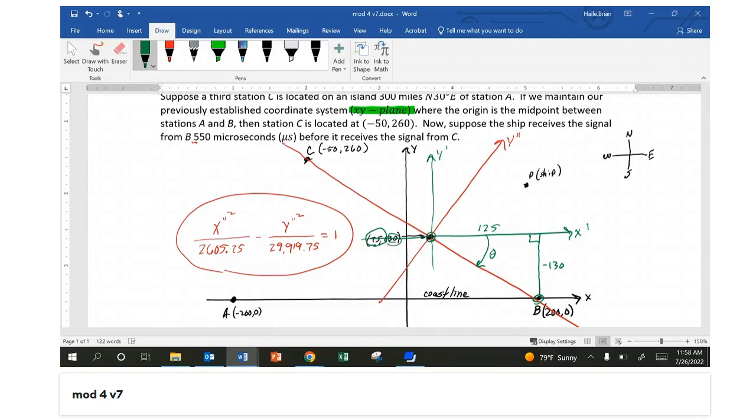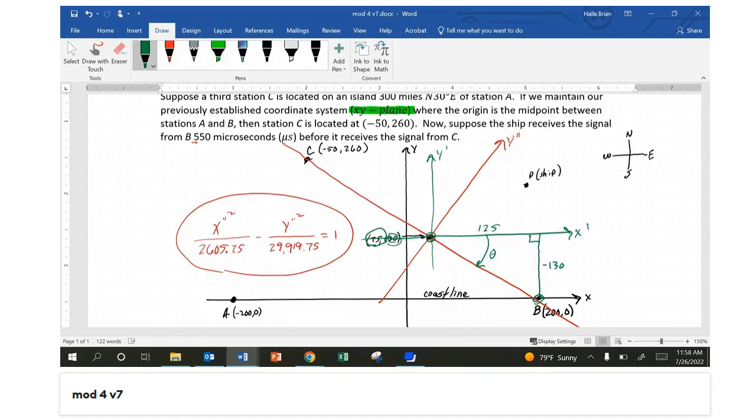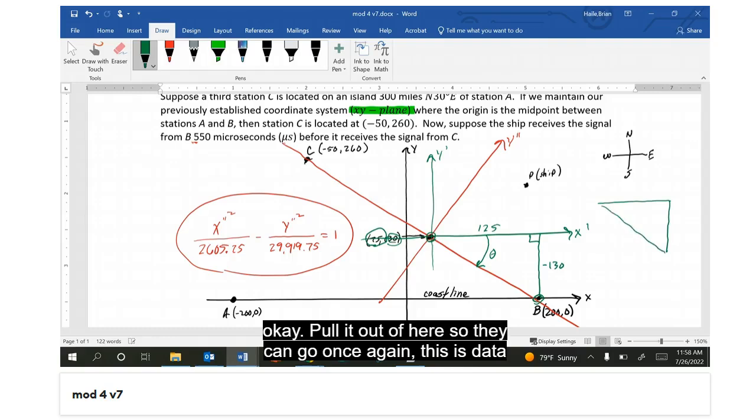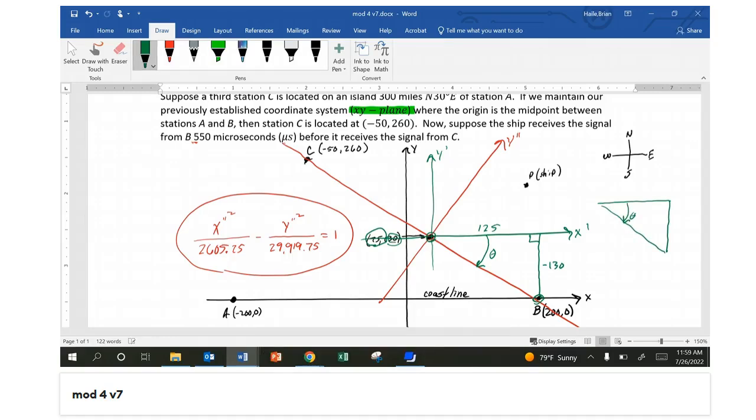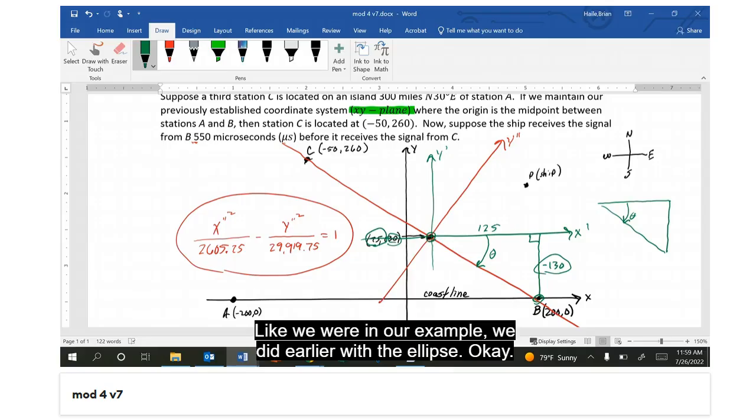Okay, so I'm going to pull this triangle out here, so that once again this is theta. And yes, I did make this negative. We're going down, we're not above like we were in our example we did earlier with the ellipse.